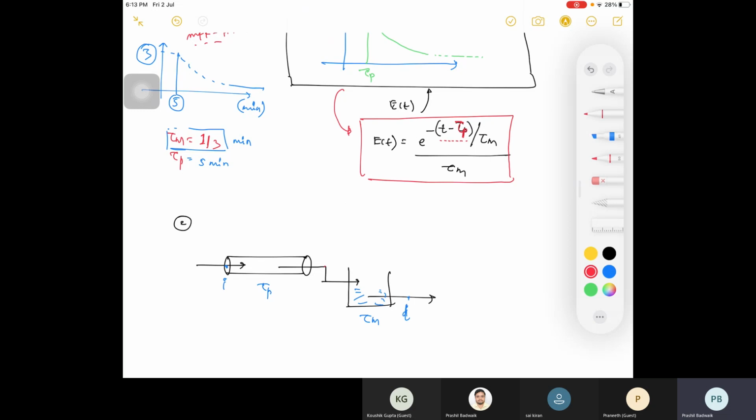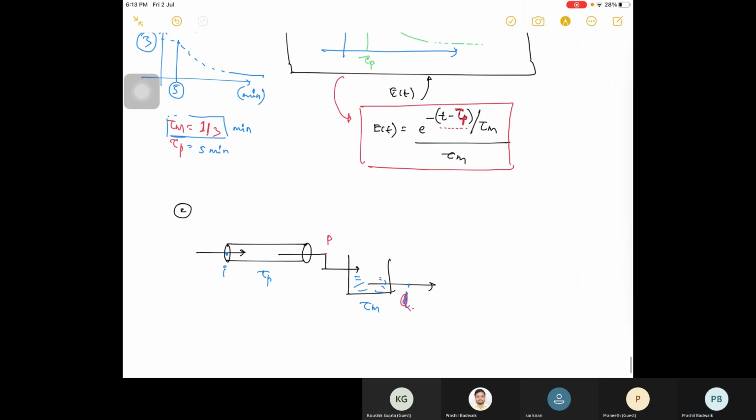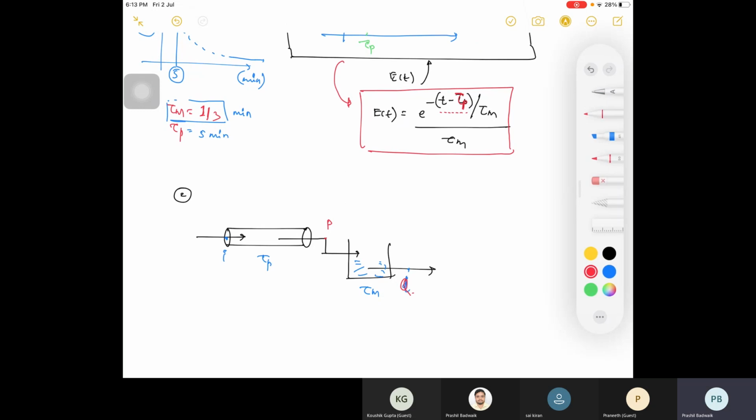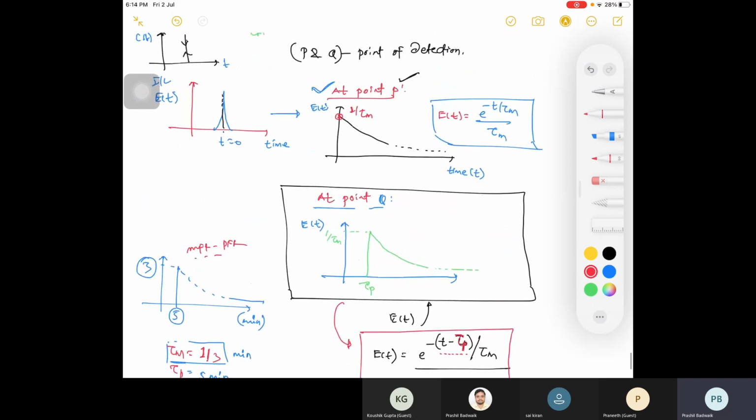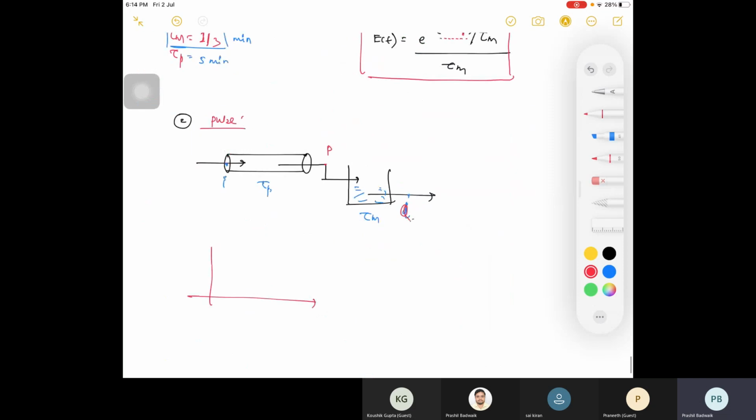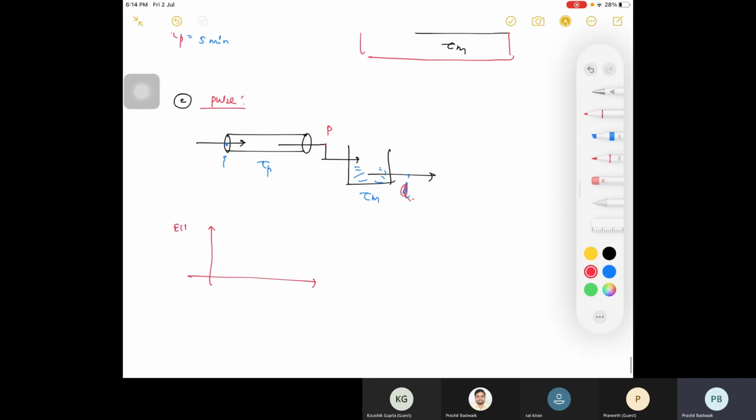You will be having point P here, and this detection you can write as point Q. Pulse injection, series combination, right? What is your profile at point P? First you tell what is your inlet. So for inlet you will be having the impulse or pulse profile which we drew earlier. This profile will be the same. I am not drawing it again. So at point P, what is your profile? And what is your profile at point Q? At P same, but at tau P.